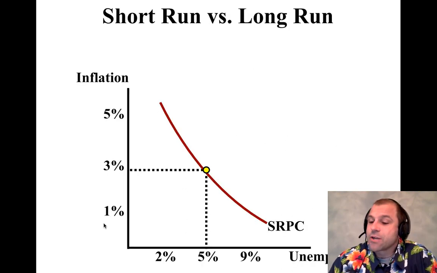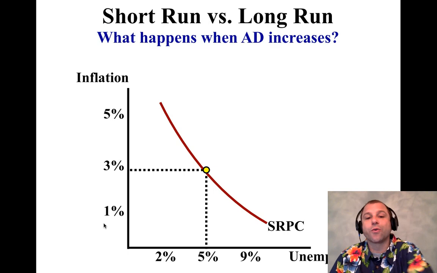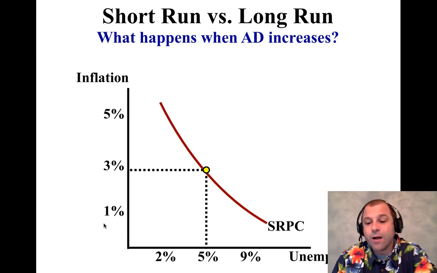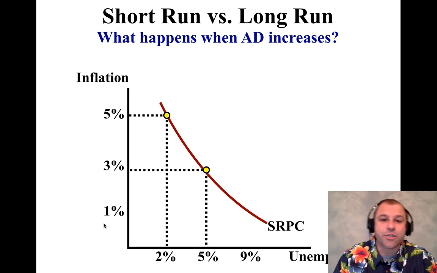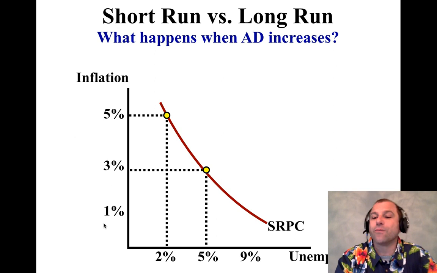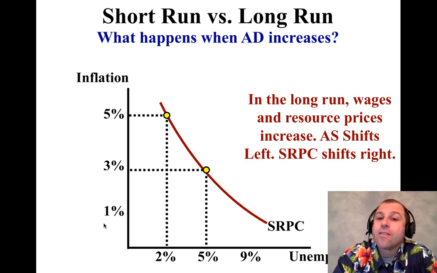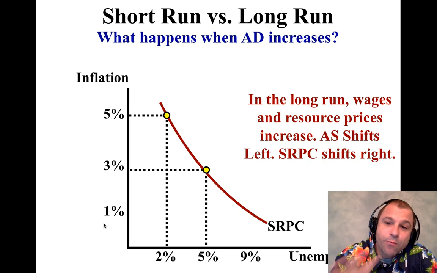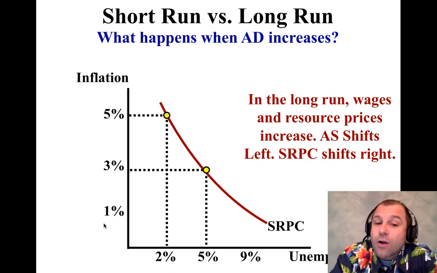So here's a couple of examples. Here's your short run and your long run. What happens when your aggregate demand increases? Well, we start at a basic stable position. Aggregate demand shifts to the right, so you slide on the Phillips curve to the left. In the long run, we'd always have to get back, and we'll get to that later. But in the long run, people's inflationary expectations would change.